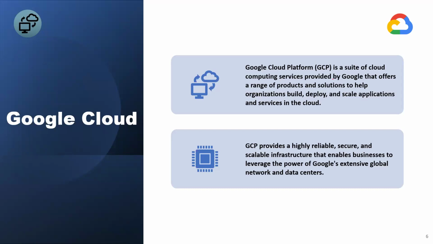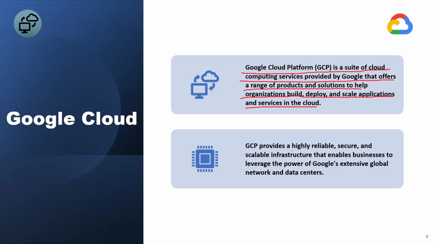So now it makes very good sense by looking at the definition, guys. Google Cloud Platform is a suite of cloud computing services provided by Google that offers a range of products and solutions for organizations to build, deploy, and scale applications and services in the cloud.